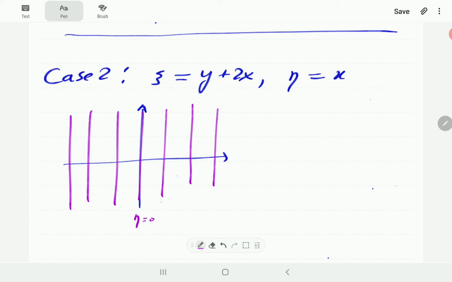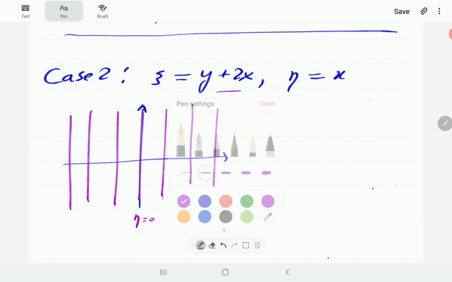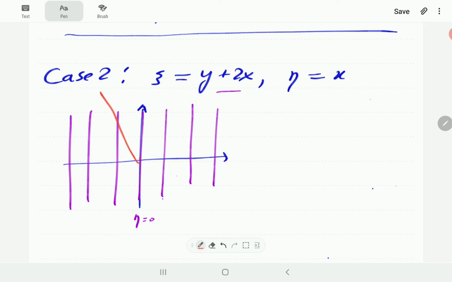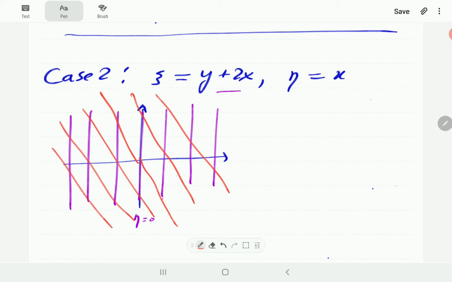So it's going to be eta equals 0, eta equals 1. This one we've already shown is going to be lines which have got a -2 gradient going across like this. And as you can see, these are not parallel, so we would expect that the Jacobian is not going to be equal to 0, but we have to work it out. So that's what we're going to do.